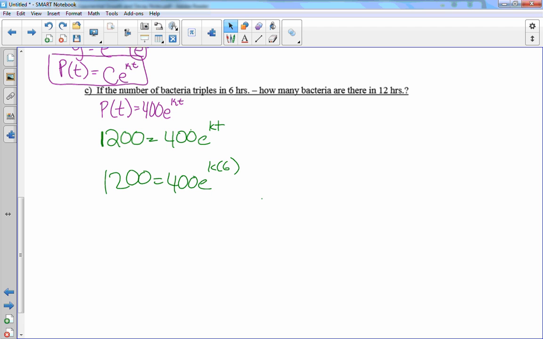What's the first half of the problem? Okay, the rate. Once you know the rate, then you can figure out how much bacteria will be left over after 12 hours. Okay, so to solve for the K, you need to move away the 400 from the e to the kt. Good.